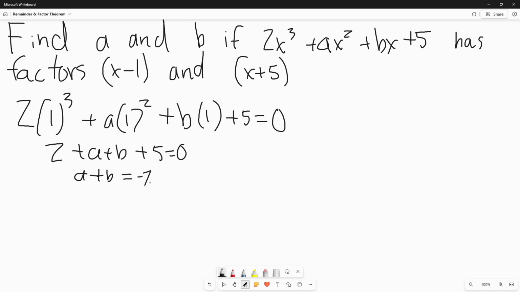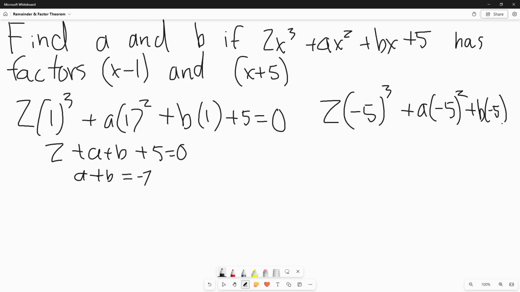And you can already tell that this problem is going to be similar to the last problem where it's just a system of equations and you have to use some algebra to figure it out. But let's just start with the second one, x equals -5, because x plus 5 is a factor. So 2 times -5 cubed plus a times -5 squared plus b times -5 plus 5.